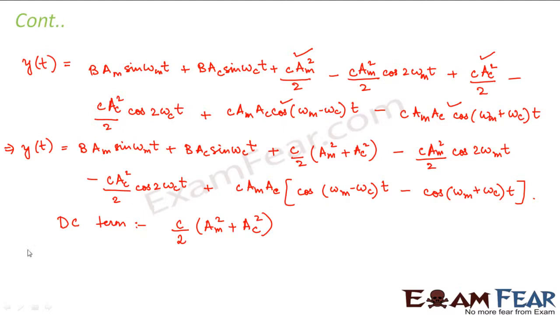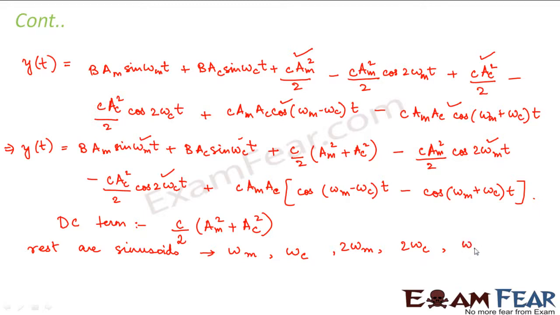Rest all are sinusoids, right? Whenever I talk of sinusoids, they have some frequencies. So what are those frequencies? Some of them have frequencies omega m, some have frequency omega c, some of them have a frequency of 2 omega m, some have 2 omega c, yet others have omega m minus omega c, and some have omega m plus omega c.